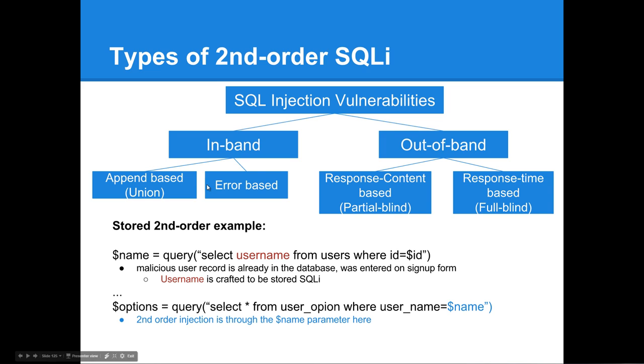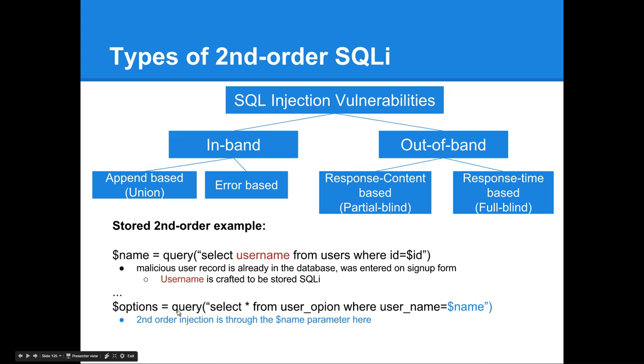If the username, when the form was submitted and the account was created, was not properly sanitized or properly parameterized and includes a SQL injection query in it, in other words, a SQL injection, and then it is returned and assigned a name, and name is used in this later statement.